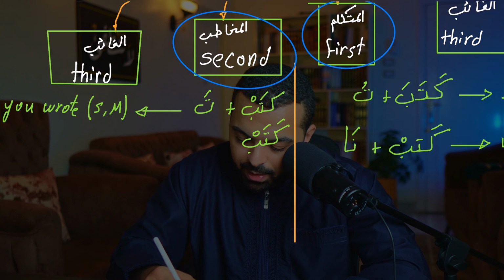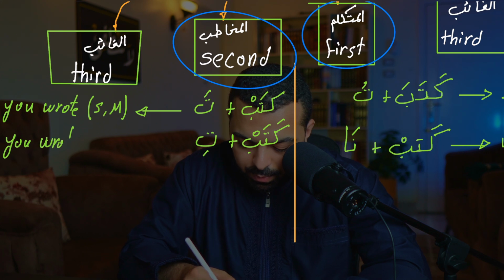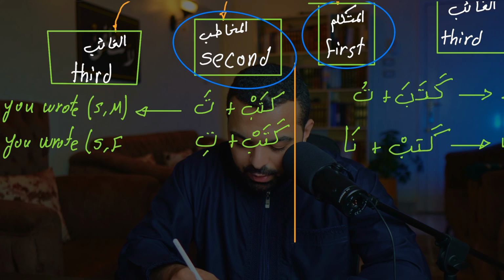Or أنتِ كتبتِ. كتب, and then you add ti. كتبتِ means you wrote, but listen, it's for a singular female.